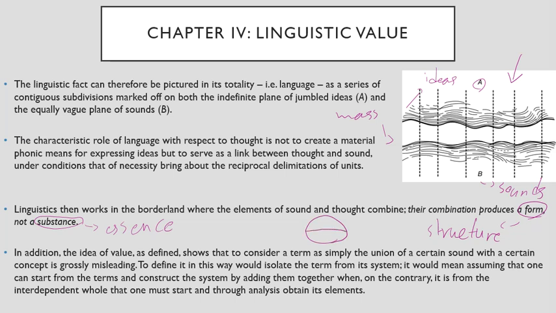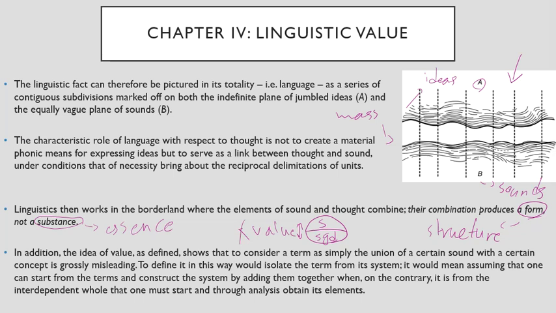For example, let's say we have the signifier and the signified. Okay, so if you consider that value is a term that simply shows the union of these two, you are completely wrong. Okay, to define it in this way would isolate the term from its system.